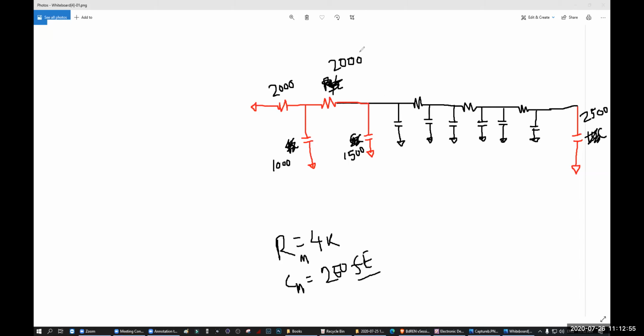Now come here and solve this. Here, how many capacitance do you have? 6. What was your total capacitance? 600. So how will it be divided? 100 each.